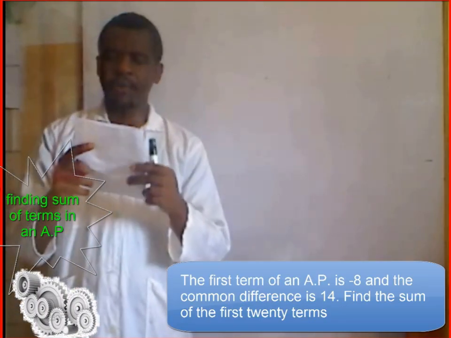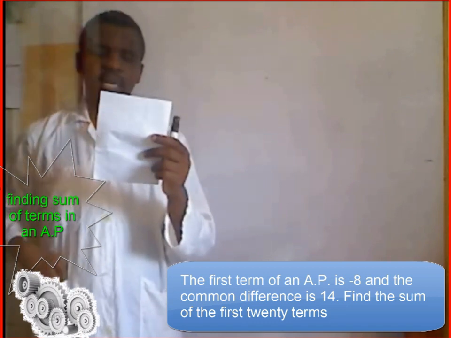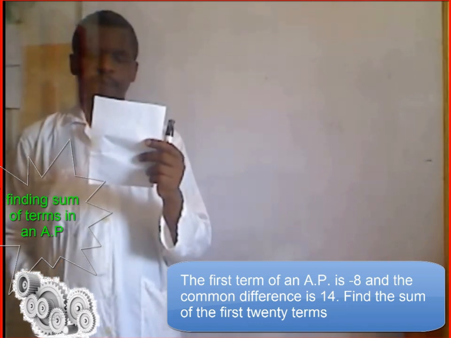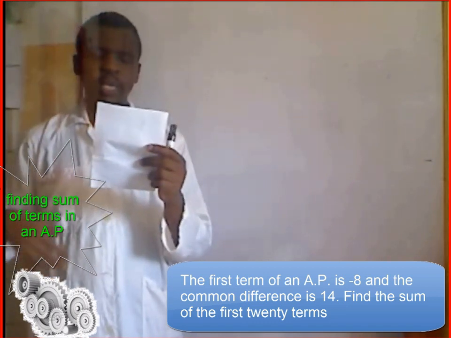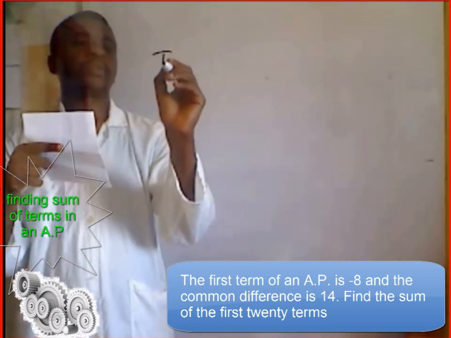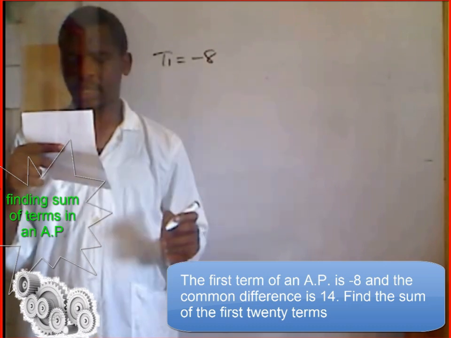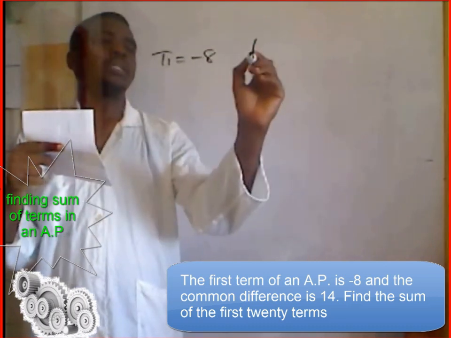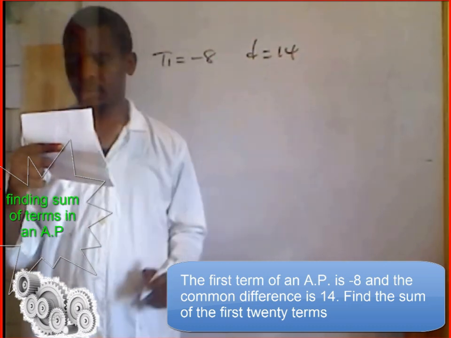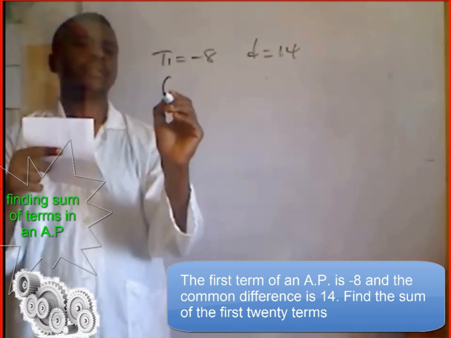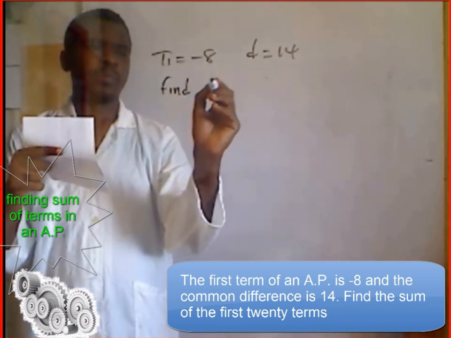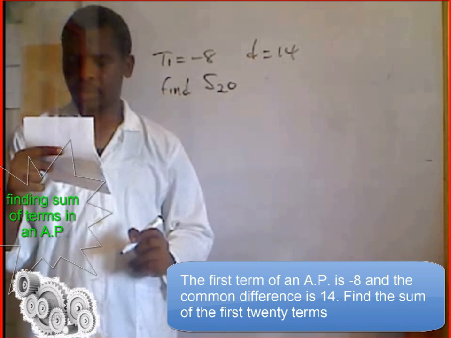The first term of an AP is minus 8 and the common difference is 14. Find the sum of the first 20 terms. So T1 is minus 8. D is 14. Find S20.